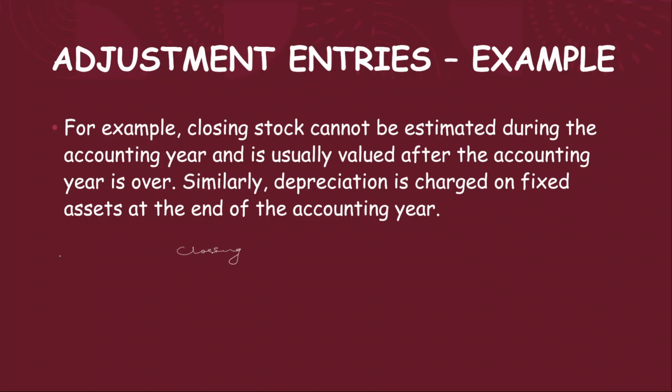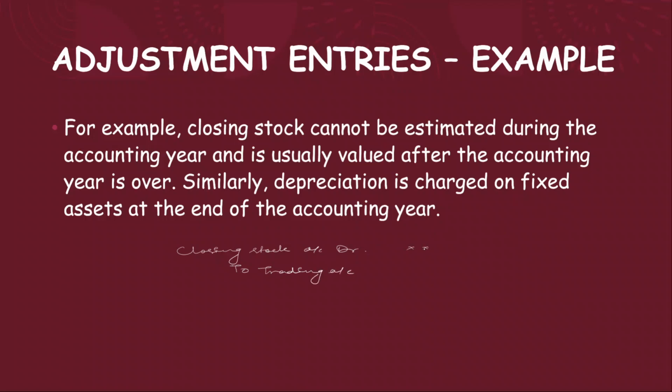Before entering it in your trading account, we need to pass a journal entry. So the journal entry we used to pass was closing stock account debited to your trading account.